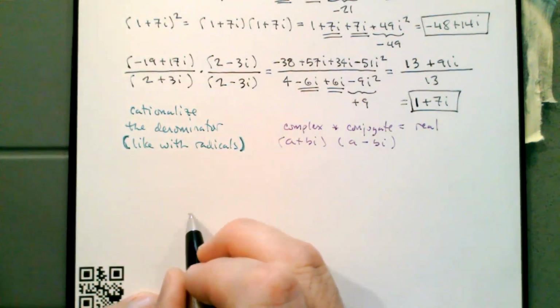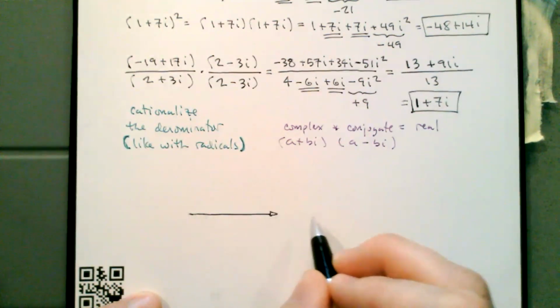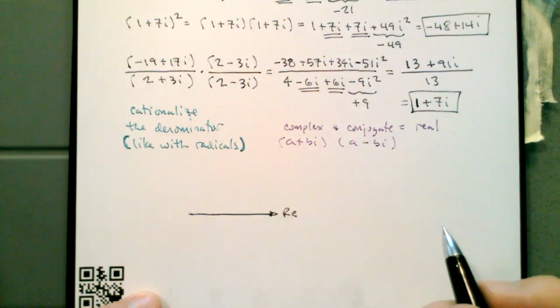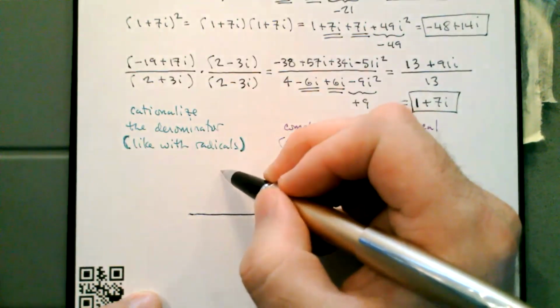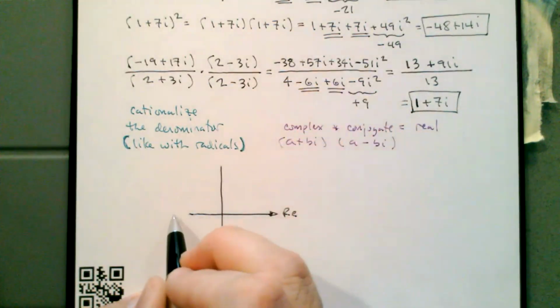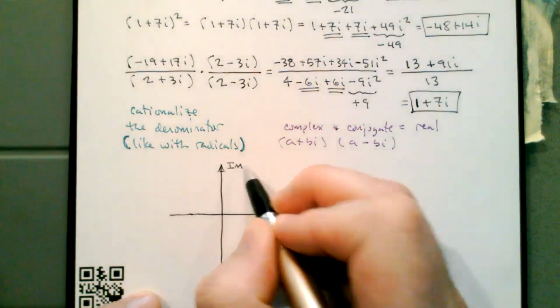What we have to do to visualize imaginary numbers is say, okay, this is the number line where we find all of the real numbers. And then we're going to put another number line, and that's where we're going to put the imaginary numbers.